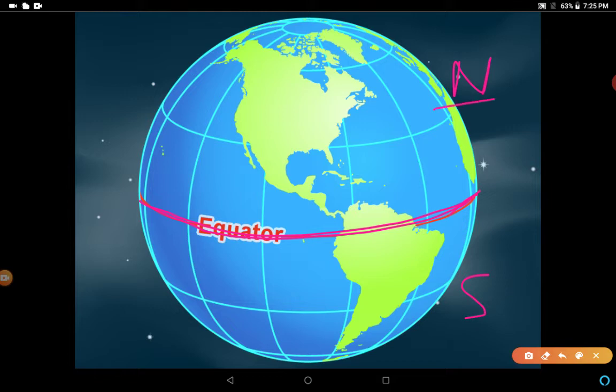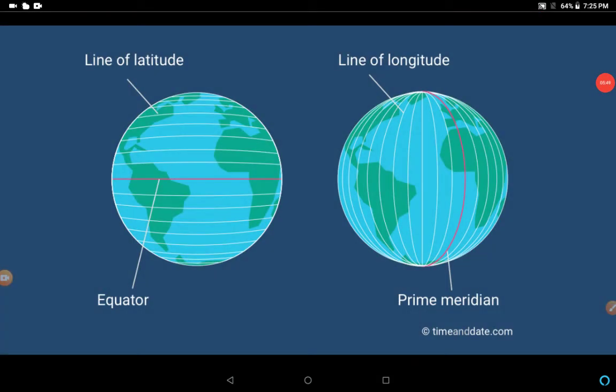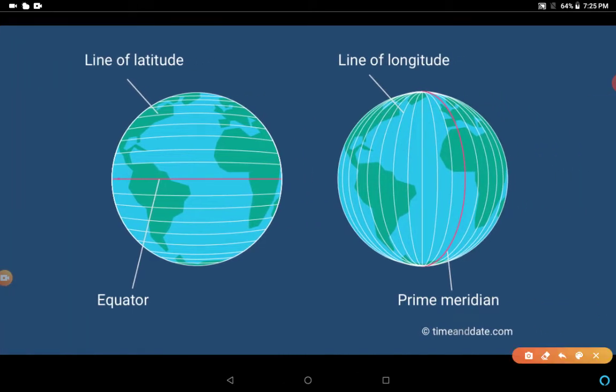The northern part is known as the northern hemisphere, the southern part is known as the southern hemisphere. So the equator divides the Earth into two equal halves, the northern hemisphere and the southern hemisphere. Again, see the equator: all the lines parallel to the equator are called lines of latitude, meaning these are latitudinal lines.